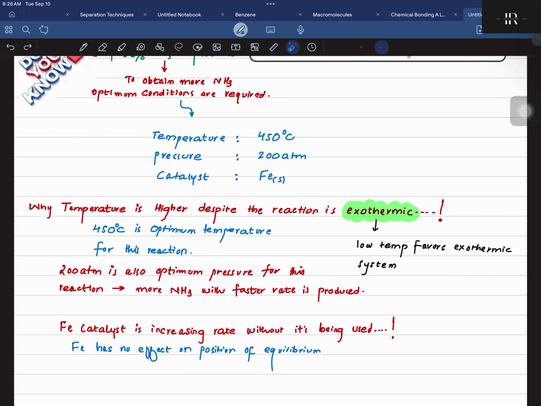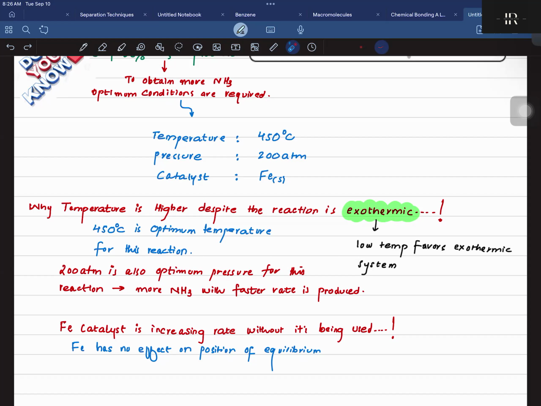And remember, we cannot increase the pressure too much. The container may blast. 200 is the best pressure for this reaction. This is also the optimum pressure for this reaction.